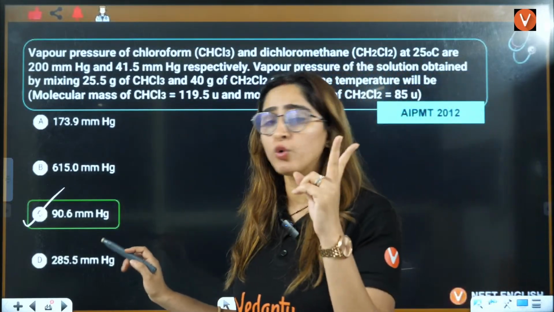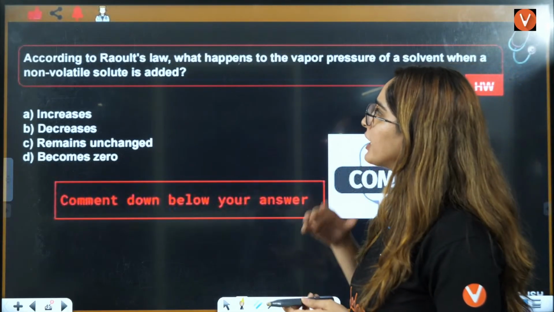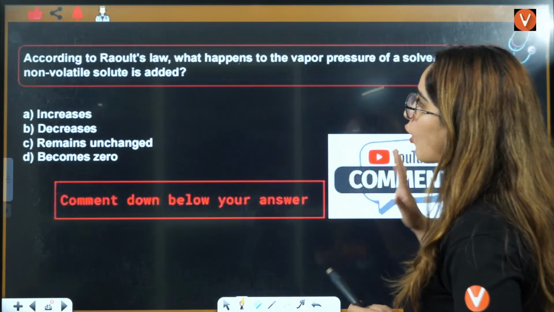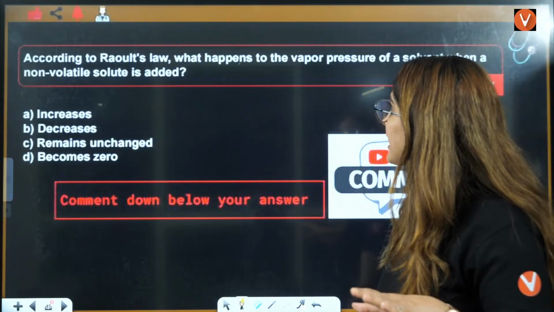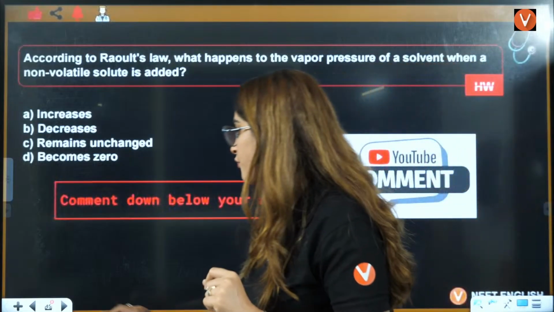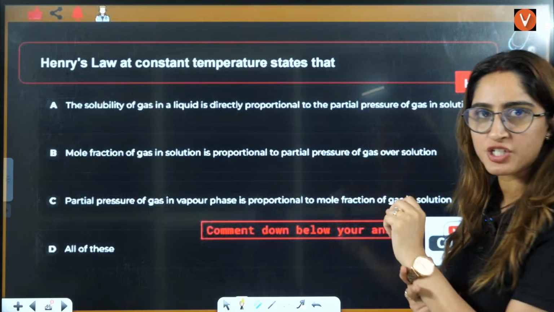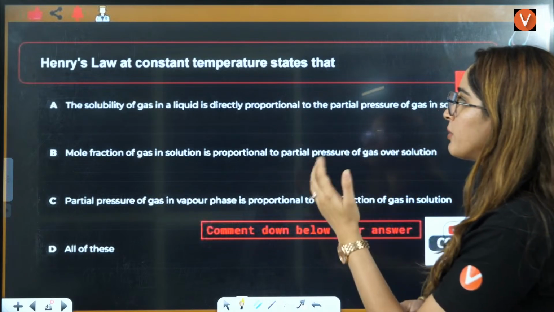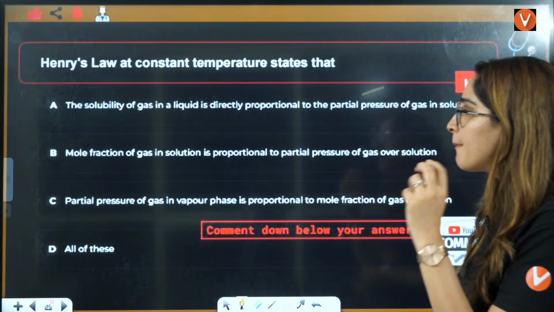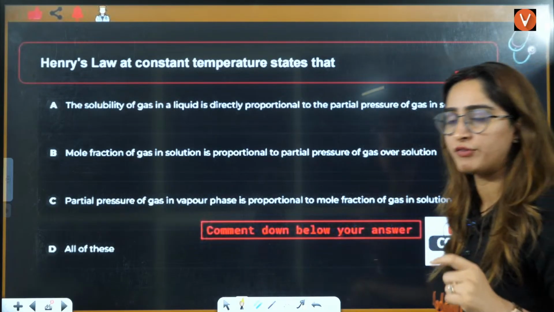Now I'm giving you two questions for your homework, right? The first question is, according to Raoult's law, what happens to the vapor pressure of solvent when a non-volatile solute is added? And the second is, Henry's law at constant pressure states that the solubility of gas in liquid is directly proportional, mole fraction of gas in solution is proportional, partial pressure of gas in vapor phase is proportional to the mole fraction, or all of these, right?